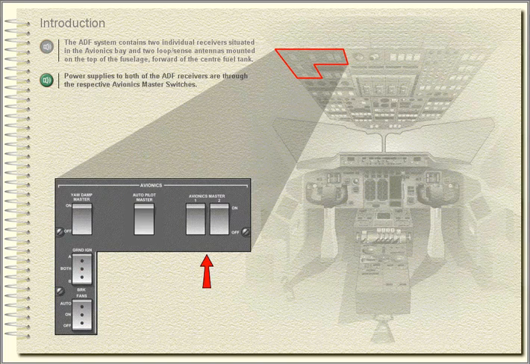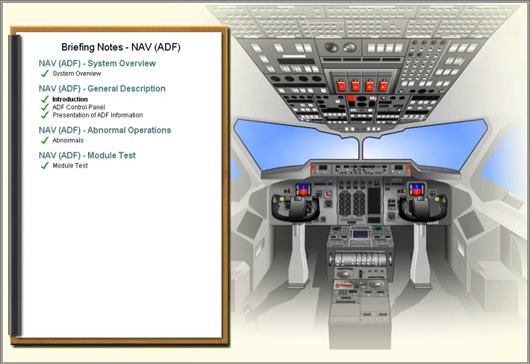The ADF system contains two individual receivers situated in the avionics bay and two loop sense antennas mounted on the top of the fuselage forward of the center fuel tank. Power supplies to both of the ADF receivers are through the respective avionics master switches.